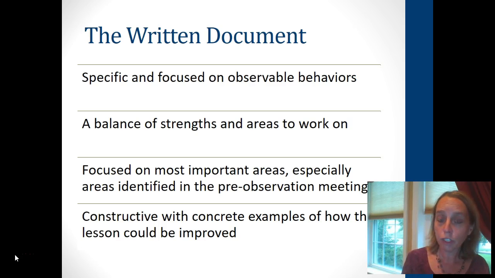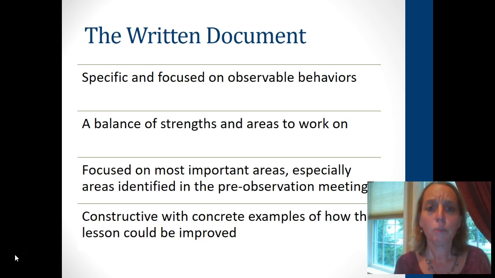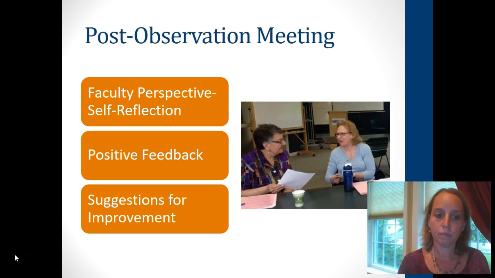It hopefully will address the area that you identified in the pre-observation meeting as being a target. So if that target was feedback on off-task behaviors, then there certainly should be some kind of summary about how that went and what their recommendations might be. And the more concrete and specific the examples, the better. So you definitely want to do that as well.